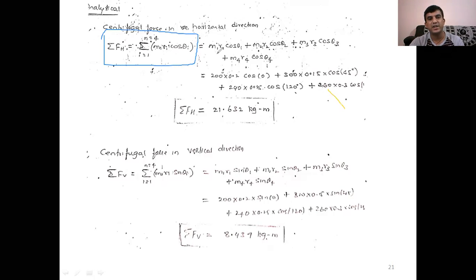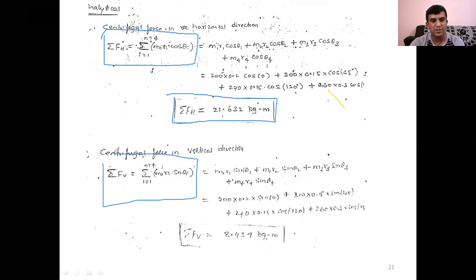Now expand it, i varies from 1 to 4: m1 r1 cos theta 1 plus m2 r2 cos theta 2 plus m3 r3 cos theta 3 plus m4 r4 cos theta 4. We know from the table m1 r1 and theta 1 also. Now substitute and calculate. Finally we get the vector sum of all the forces acting in the horizontal direction as 21.632 kg meter.